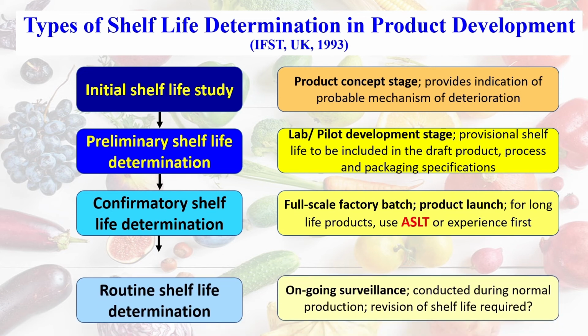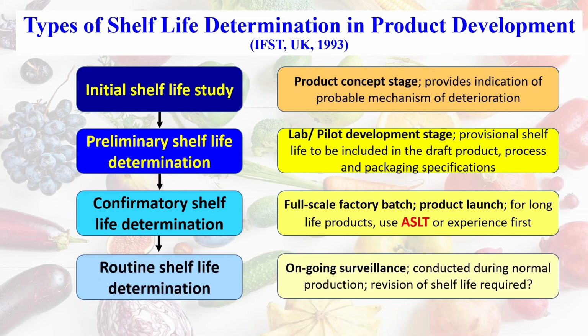Okay. And the last one, the routine shelf life determinations, is for the ongoing surveillance. It's being conducted during the normal productions, and sometimes the revisions of the shelf life are required. These are the four main types.